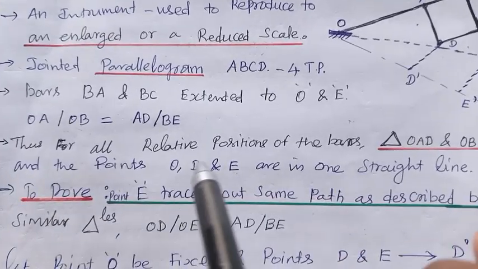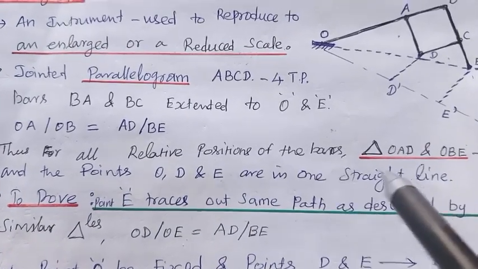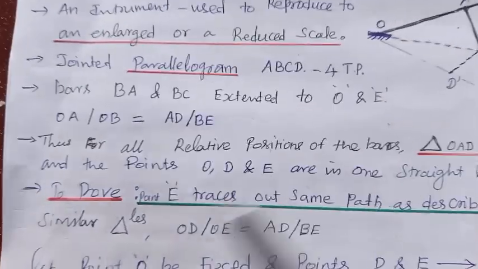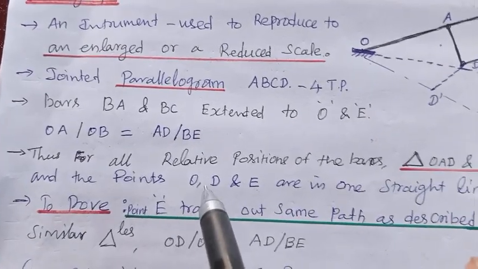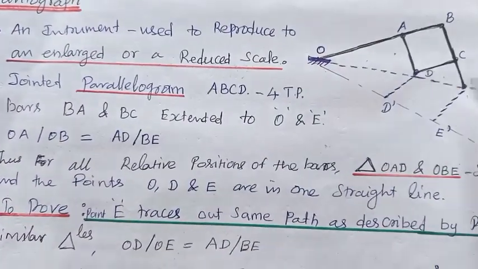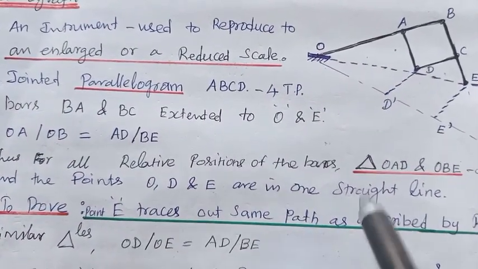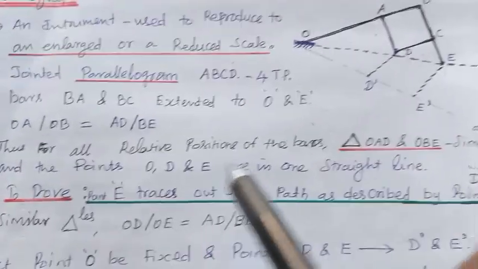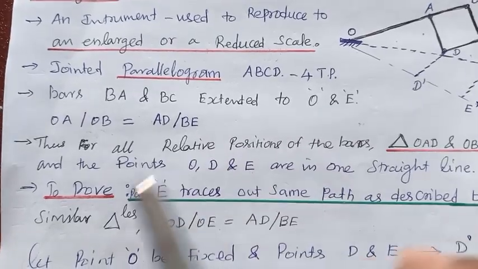Thus, for all relative positions of the bars, triangles OAD and OBE are similar, and the points O, D and E are always in a straight line. You see the straight line.